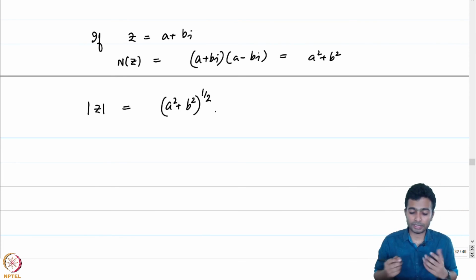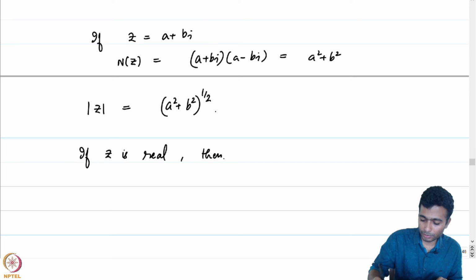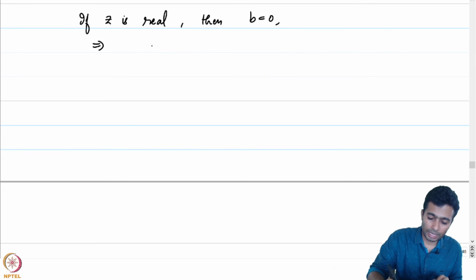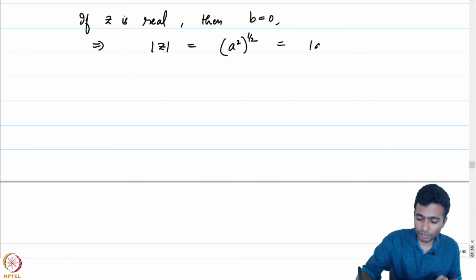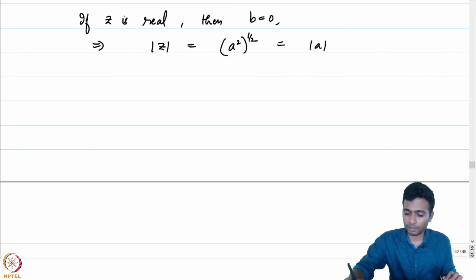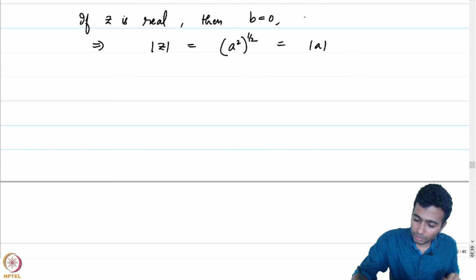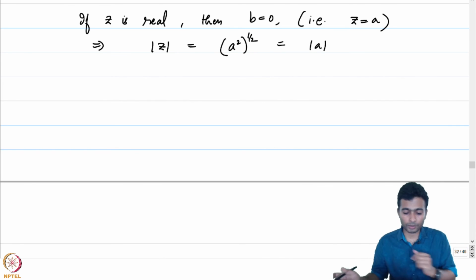Let's see what happens when z is just a real number. If z is real, then b is equal to 0. And this would imply that the norm of z is equal to (a squared plus 0) to the power 1 by 2, which is just the absolute value of a. So the left hand side is the norm and the right hand side is the absolute value.